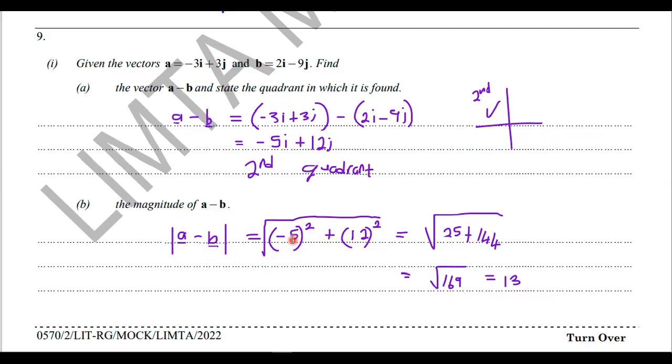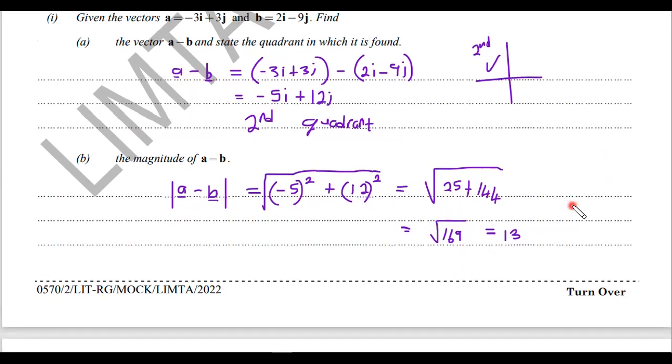Students will make a mistake and put minus 25, and they'll have 144 minus 25, which gives them something else, and they'll end up with some funny values. 12 squared is not 12 times 2. 12 squared means 12 times 12, which is 144. Minus 5 squared does not mean minus 5 times 2, which is minus 10. No, it is minus 5 times minus 5. Be careful with times 2 and to the power 2. So this finally gives us a root of 169, which is 13.